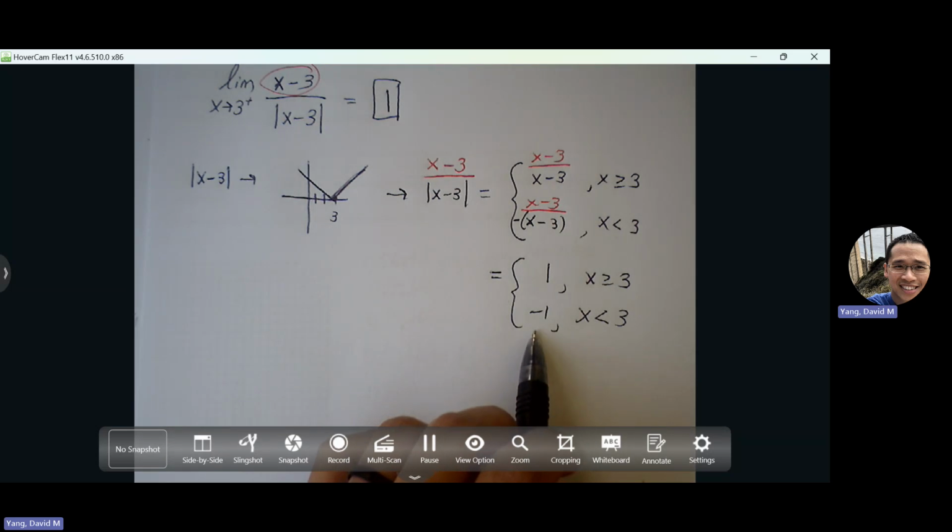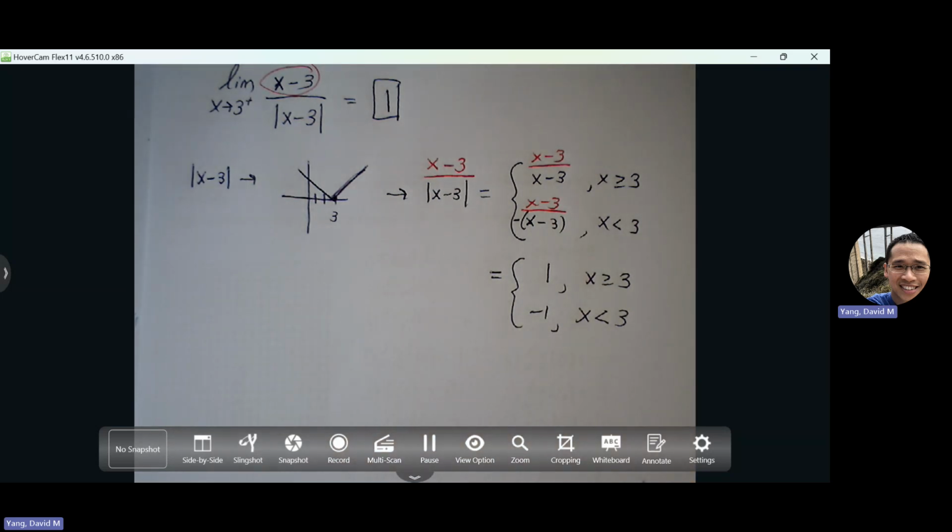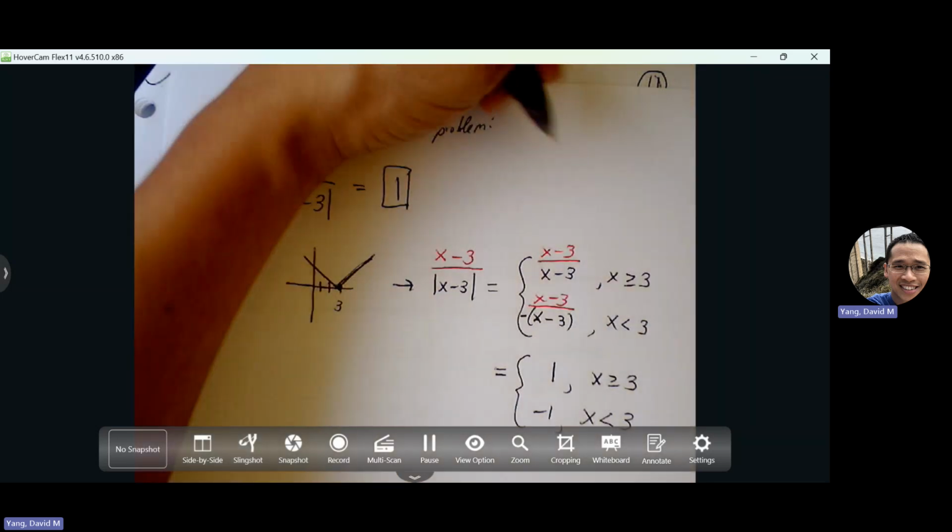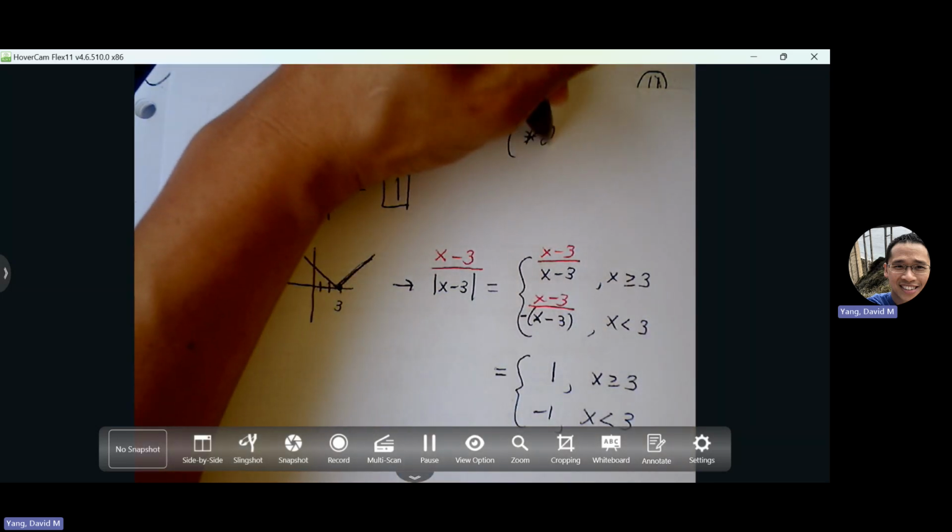It's a jump discontinuity. So absolute value doesn't quite fit that step of direct substitution. Yeah, so that's a good point. There's a different set of rules for this.